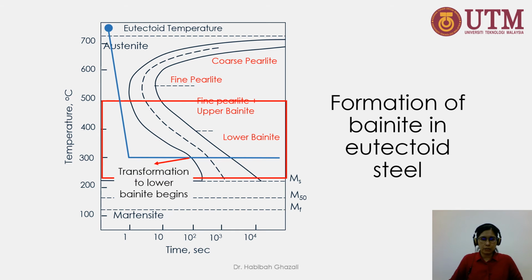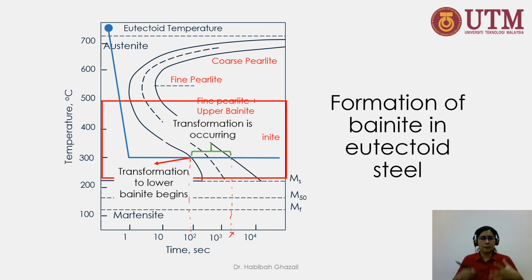The transformation will begin when it reaches 100 seconds, for example. So you can predict that your austenite will start to transform at this temperature here, around 100 seconds, and it will end at this time here, about 3000 seconds, for example.